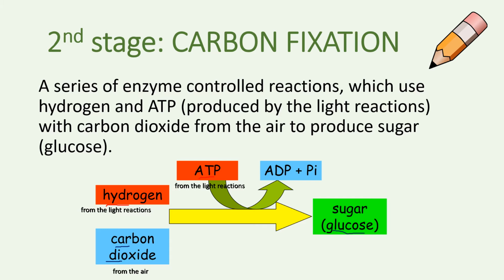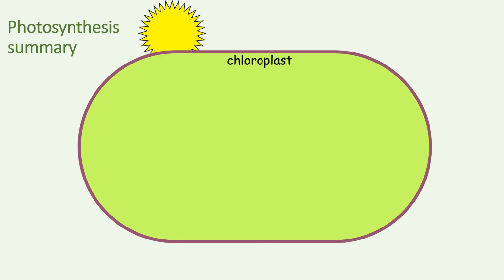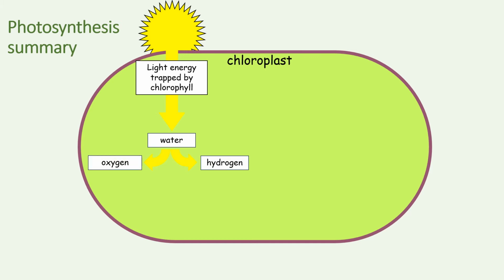So carbon fixation is a series of enzyme-controlled reactions which use hydrogen and ATP with carbon dioxide from the air to produce glucose. In summary, stage 1 is called the light reactions. The light energy is trapped by chlorophyll in the chloroplast and it's used to split water. The water is split into oxygen, which is a byproduct, and hydrogen, which is moved on to stage 2.